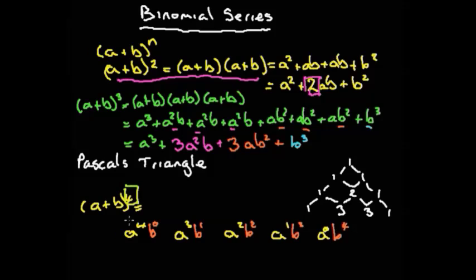What I've got missing now is the coefficients. So I'm going to write in here a c for coefficient, a c for coefficient, and a c for coefficient. To complete our sum, let's put a plus, and a plus, and a plus, and a plus, because I know the coefficient of the first term is going to be 1, and the coefficient of the last term is going to be 1.